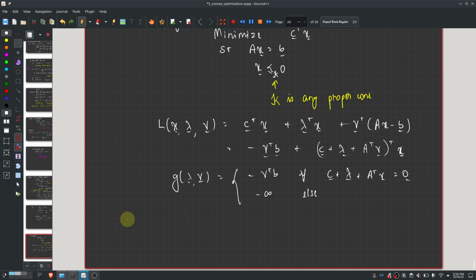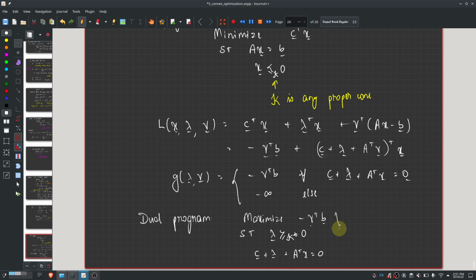So what is a dual program? You want to maximize minus nu transpose B subject to, first, lambda should be greater than or equal to 0 with respect to K star, and you want C plus lambda plus A transpose nu to be equal to 0.